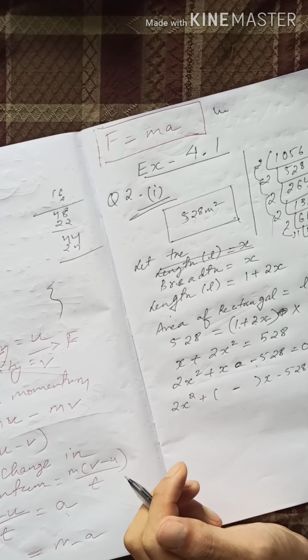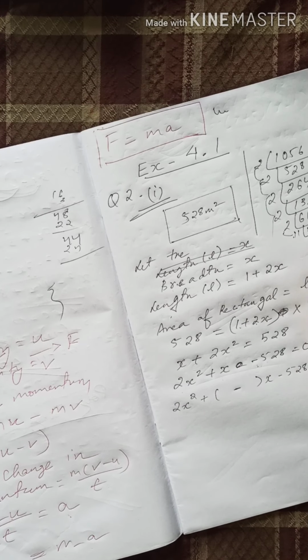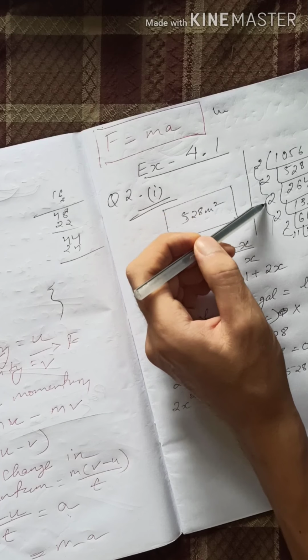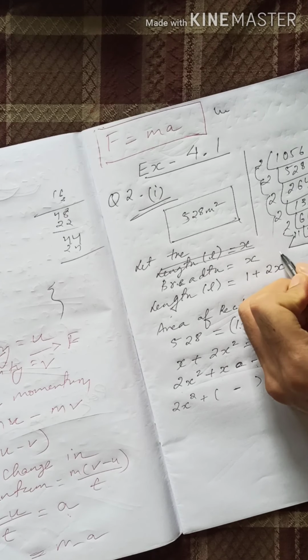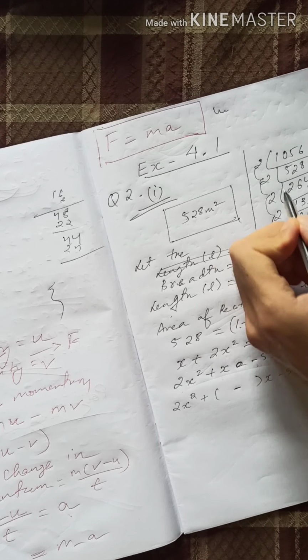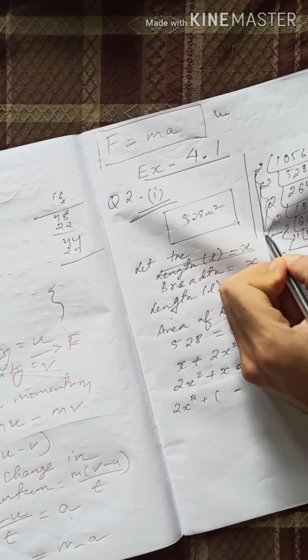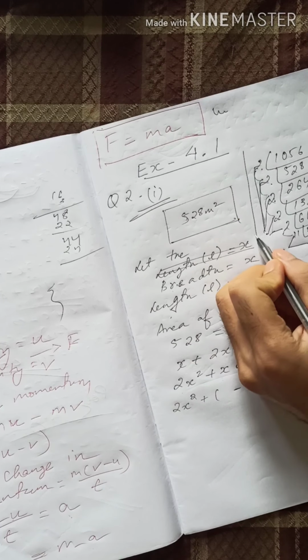I did prime factorization of this 1056. So we got 2 into 2 into 2 into 2 into 2 into 11 into 3. See, if we combine this, 11 into 3 is 33. Now 2 into 2 into 2 into 2 into 2 is how much? 2 into 2 is 4, 4 into 2 is 8, 8 into 2 is 16, 16 into 2 is 32.